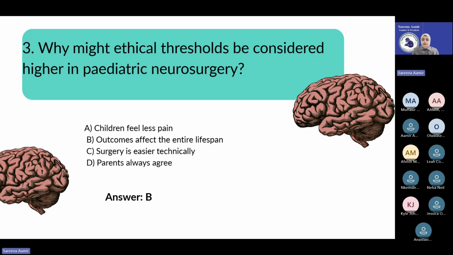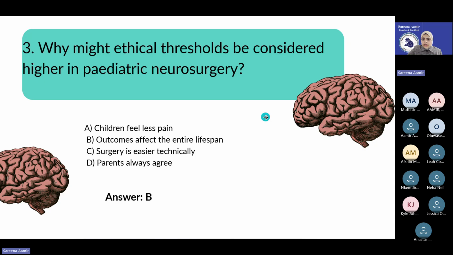Pediatric patients tend to live longer, and because of the higher neuroplasticity of pediatric brains, they tend to have better outcomes and are more likely to survive. So neurosurgeons especially prioritize making sure there are no complications or disadvantages to the surgery, and that's why it's very carefully planned.